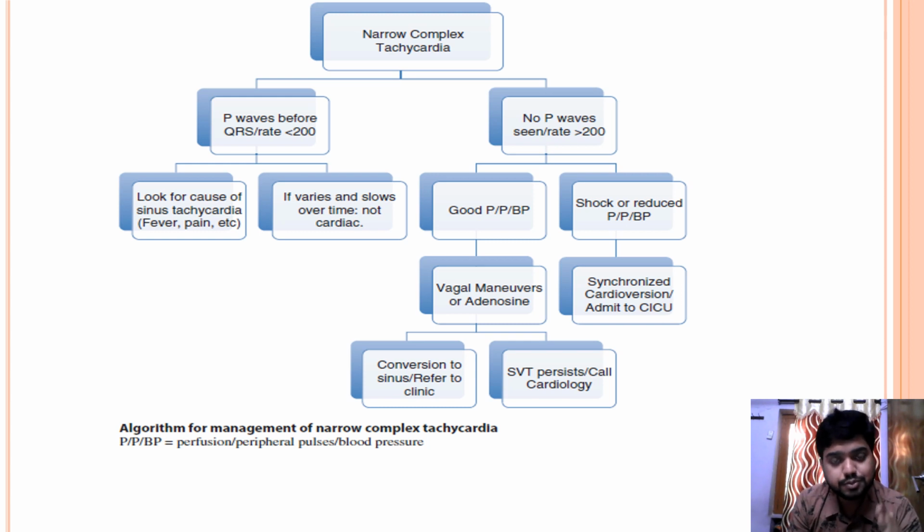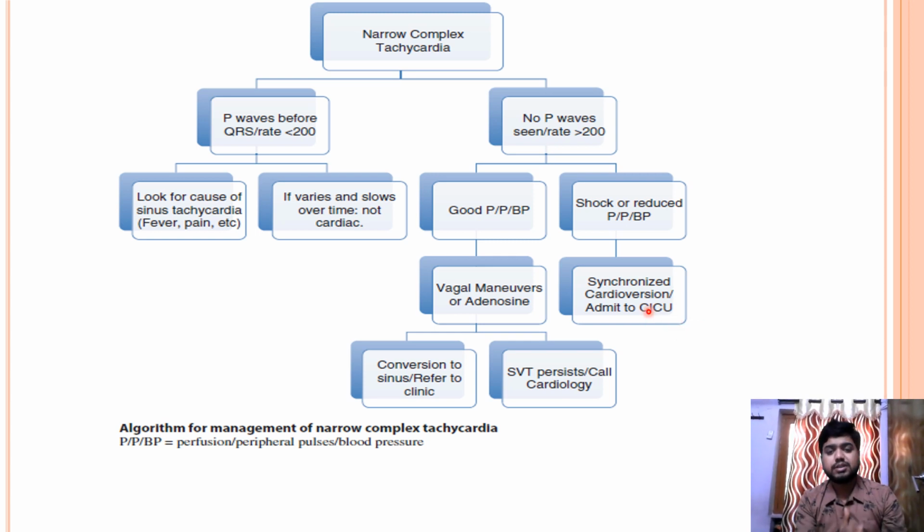So with no P waves but good pulse, BP and pulse pressure, you can straight away go for vagal maneuvers, or you can try adenosine, because you are suspecting SVT here. Whereas if the child is in shock, with reduced pulse, hypotension, hemodynamically unstable, straight away go for synchronized cardioversion and admit in cardiac ICU.